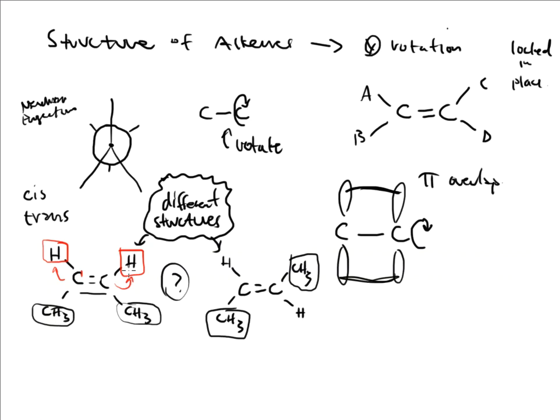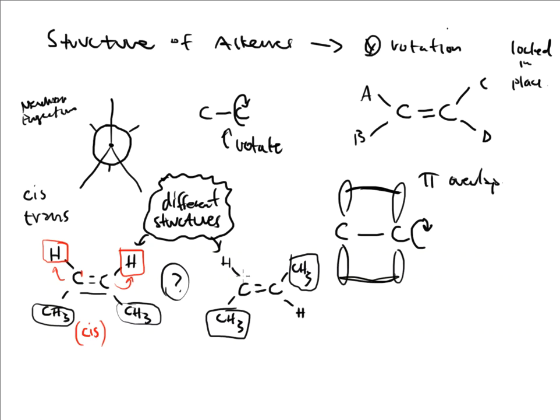These groups are on the same side, and they're both pointed up, and because they are the same, we call this the cis form. So I can put the word cis in front of the names that we have been generating all of this time, and this will give you an idea of the shape that these organic molecules are beginning to take. It also gives you an idea of the geometry around the double bond area.